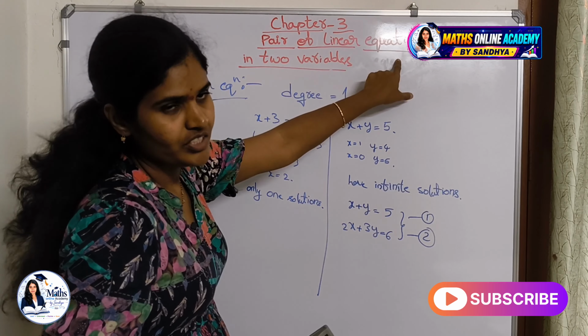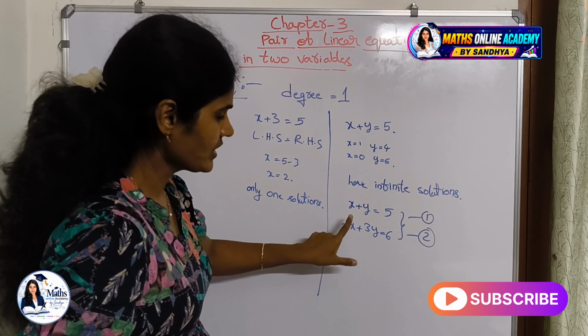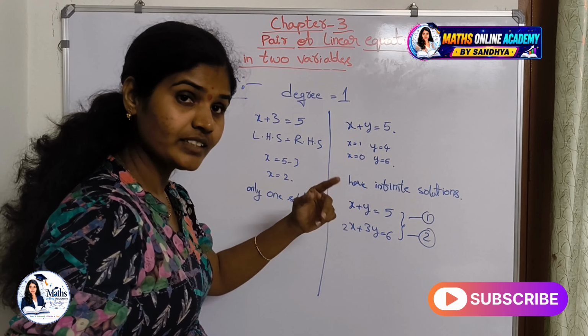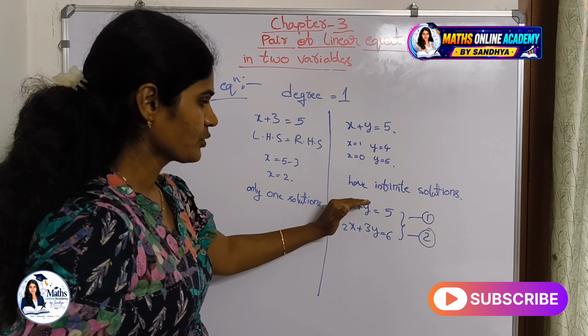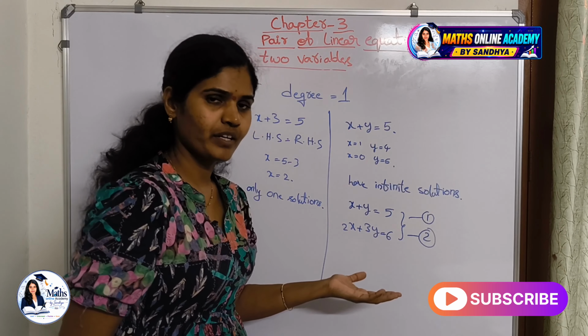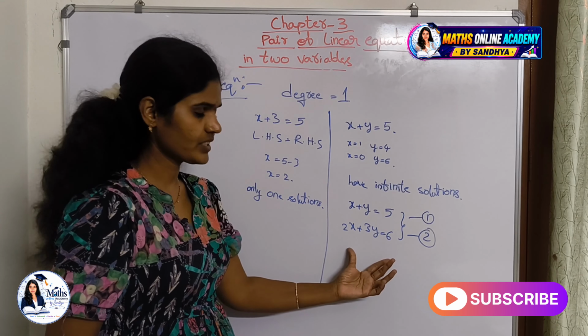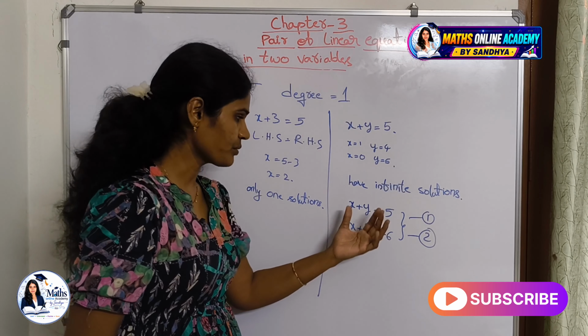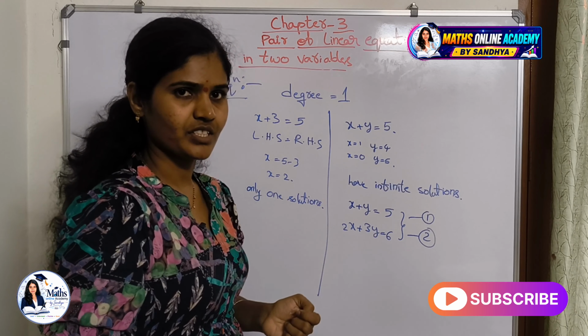Pair of linear equations in 2 variables. Pair means 2 equations in 2 variables, and that is in linear equations. Okay, we got one pair of linear equations in 2 variables.